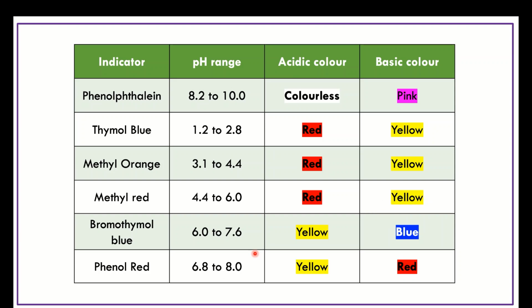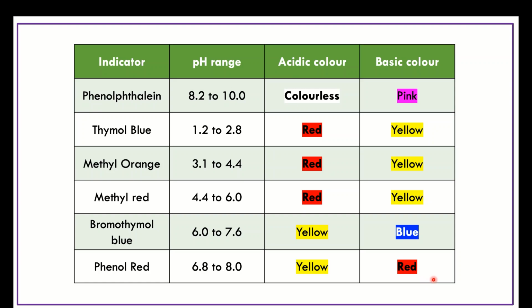Now if we see bromothymol blue, the pH range is 6 to 7.6, and it shows yellow color in acidic solution, whereas in the basic solution it shows blue color. Phenol red, having pH range of 6.8 to 8, shows yellow color in acidic solution, whereas in the basic solution it shows a red color change.